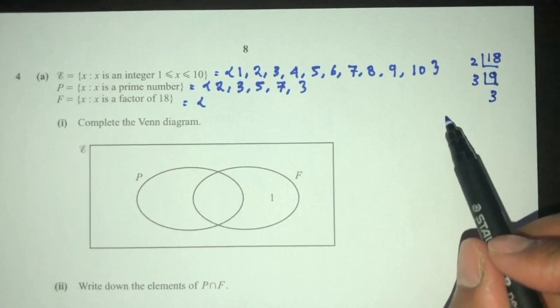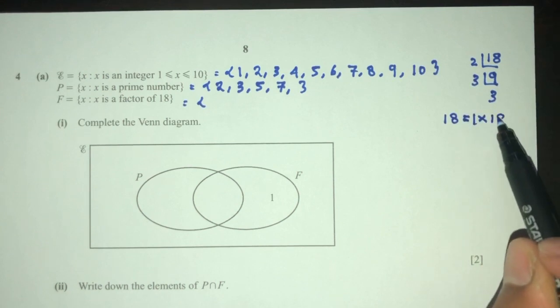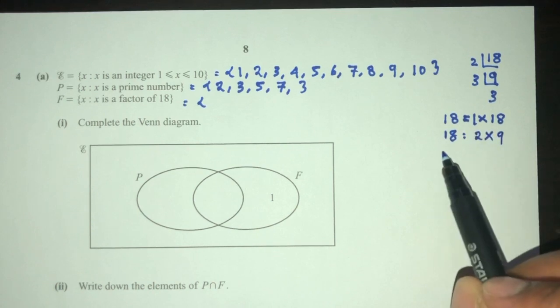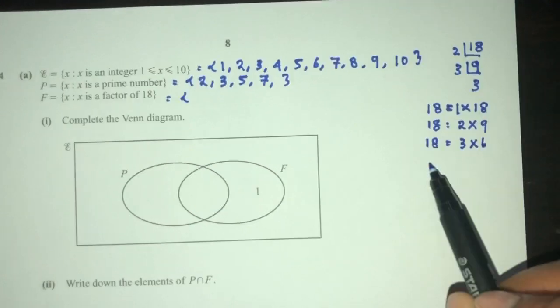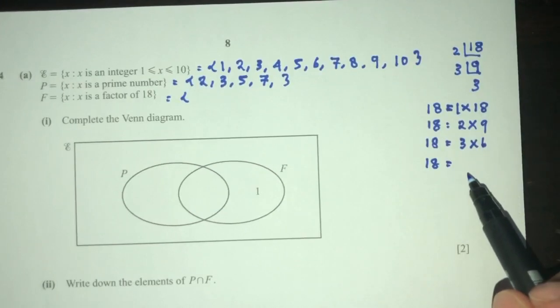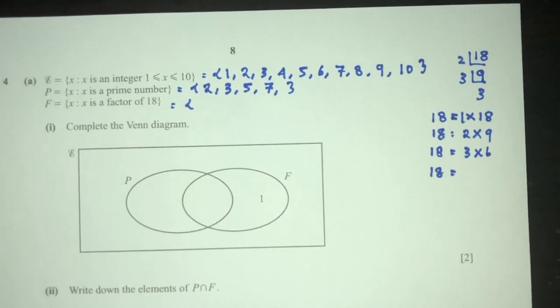So 18 can be 1 times 18, right? 18 can be 2 times 9. 18 can be 3 times 6. That should be pretty much it, right? So these will be the factors of 18.